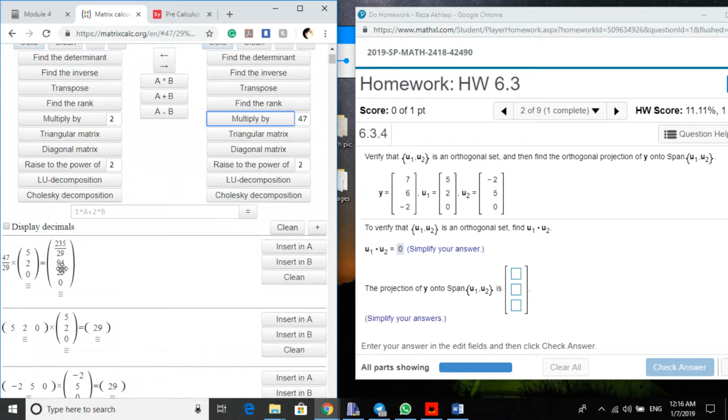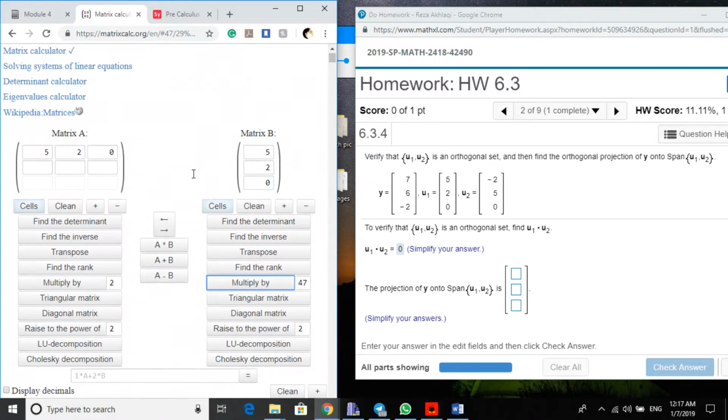It's going to be this number. I'm writing it down on my paper because it's going to be faster: 235/29, 94/29, and 0. And now u2, which is -2, 5, 0, multiplied by 16 over 29.